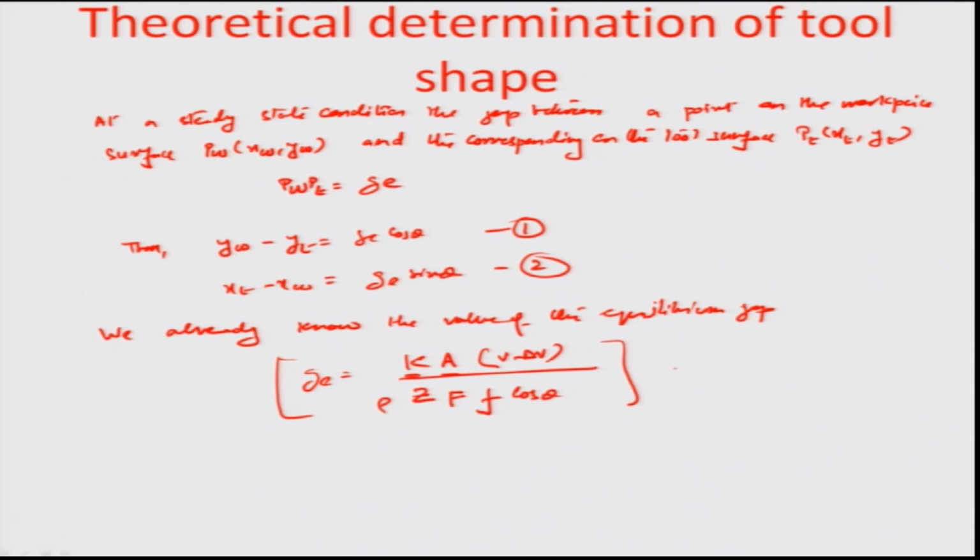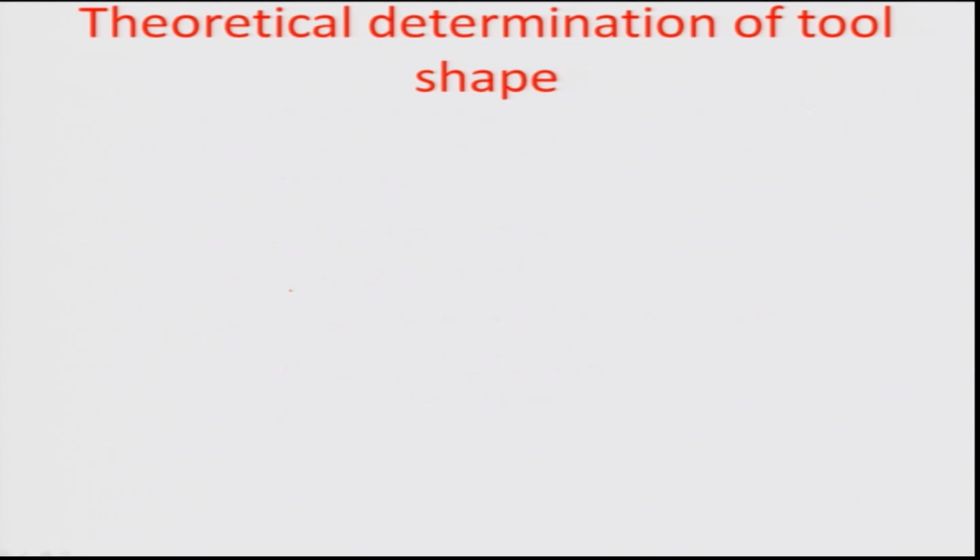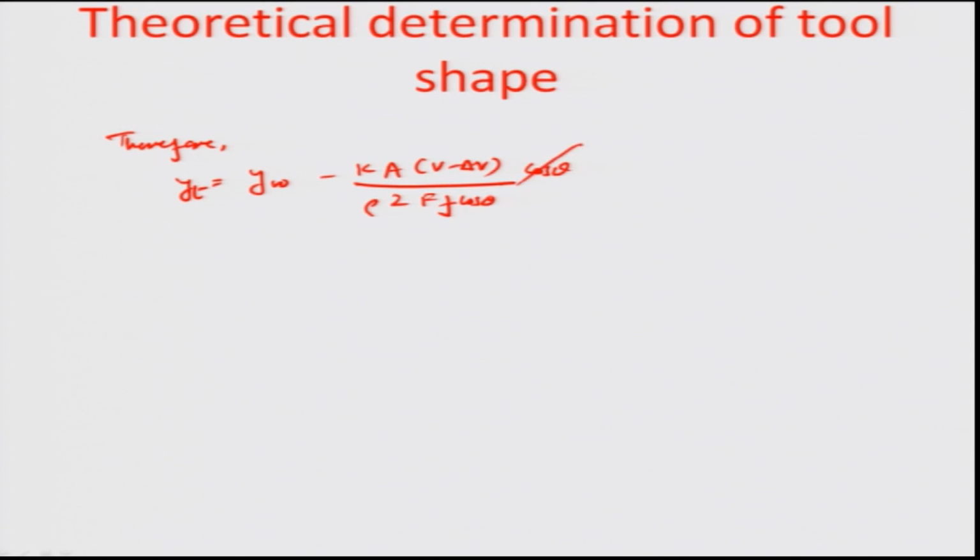So, having said all this, there is a possibility of mapping y t into x t, given that there is a functional relationship which already exists between the y w and x w. So, let us try to explore that point here. So, we can easily say, therefore, y t becomes equal to y w minus kappa A times V minus delta V divided by rho z F f cos theta times cos of theta, which cancels out.